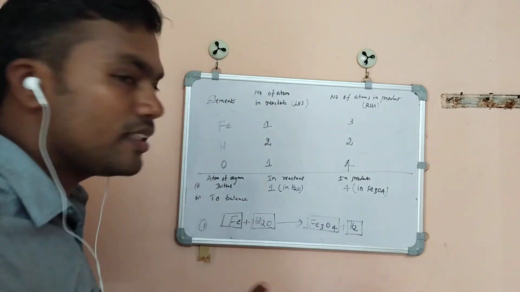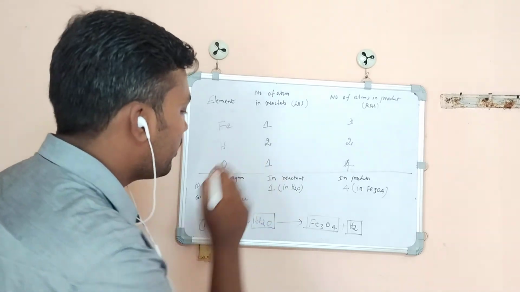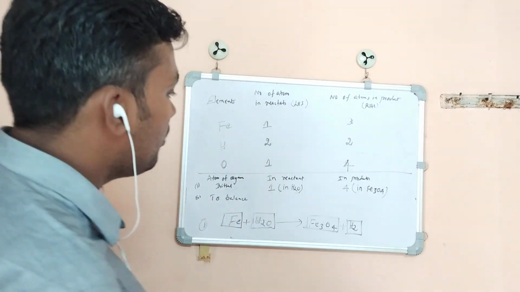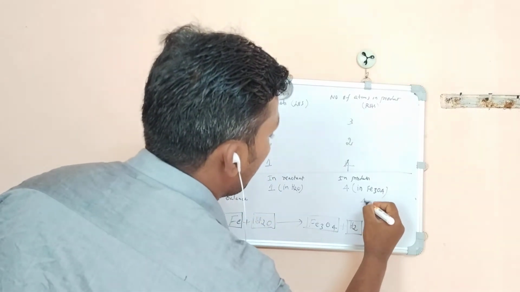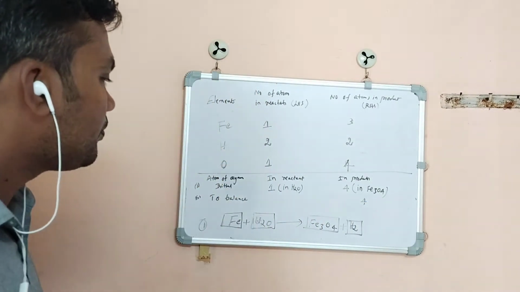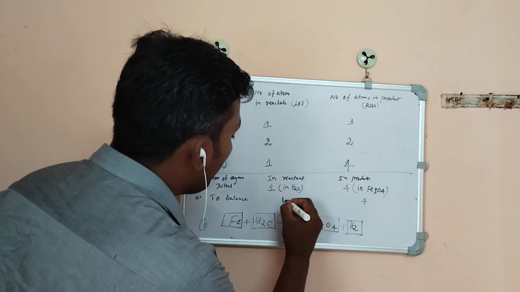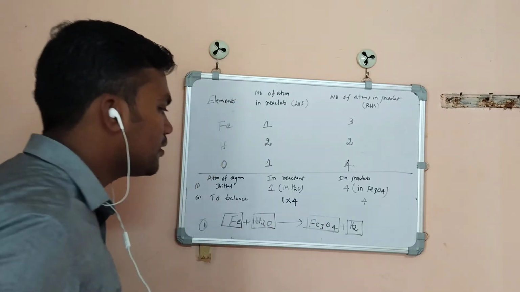So 4 oxygens on the product side, 1 oxygen on the reactant side. Here we can write. Now we need to balance oxygen first. Now you need to multiply 1 into 4, that means 4.